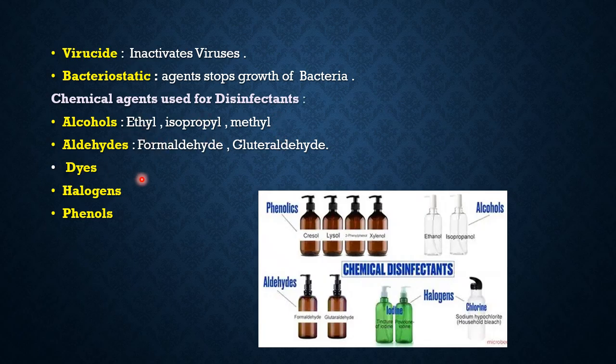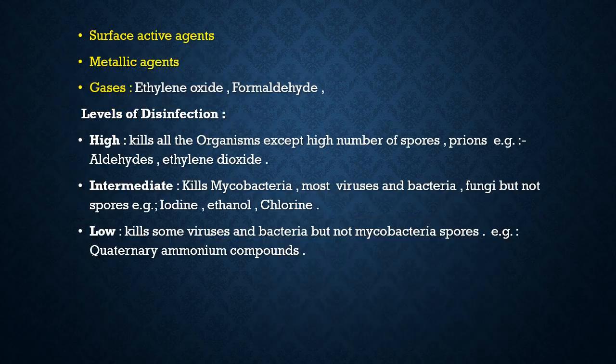Next are aldehydes, formaldehyde and glutaraldehyde. Then many dyes, halogens, phenols. Next are surface active agents, metallic agents and gases like ethylene oxide, formaldehyde, etc. All these chemicals can be used for disinfection.